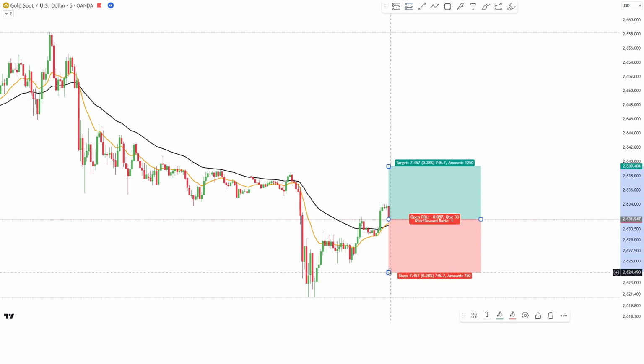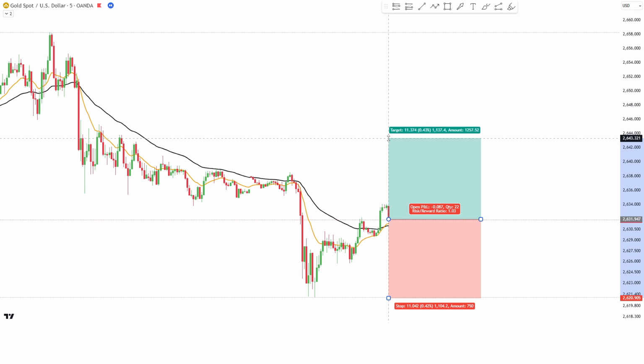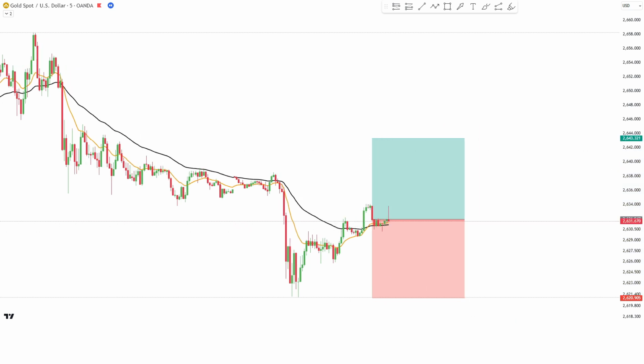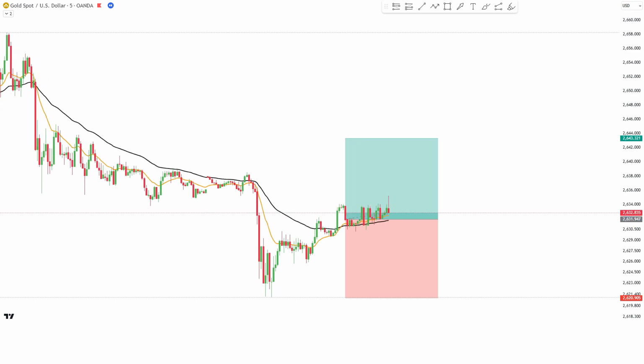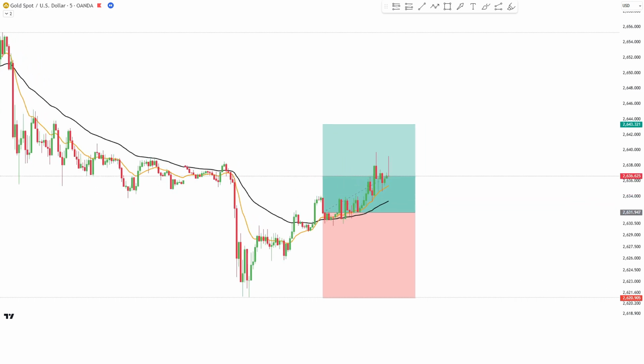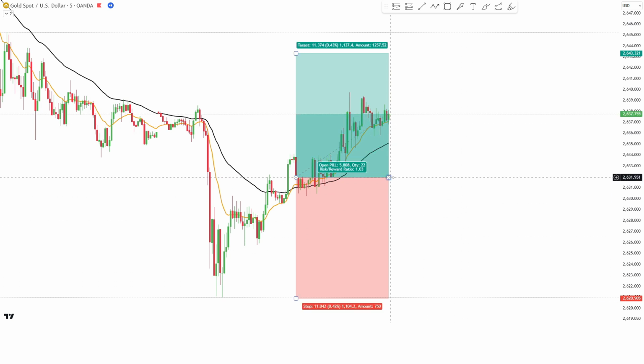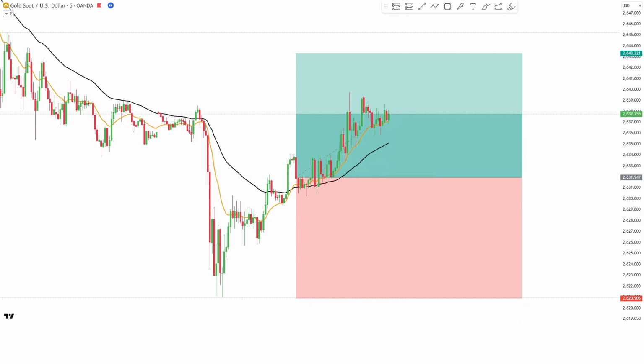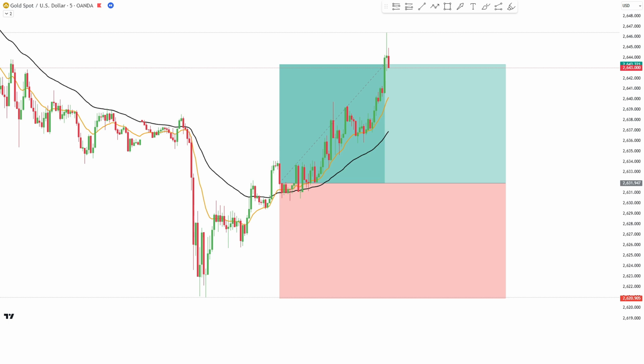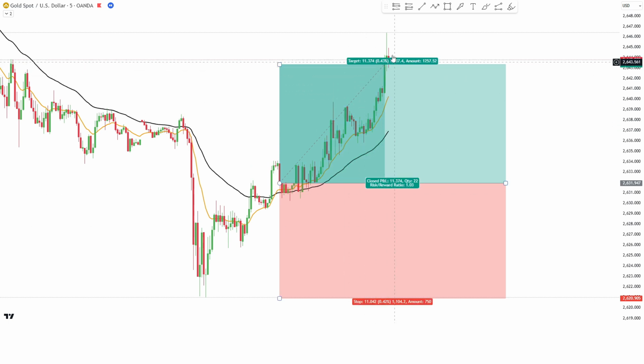Set stop loss at the previous low point. Set profit target 1 to 1. We won this trade.